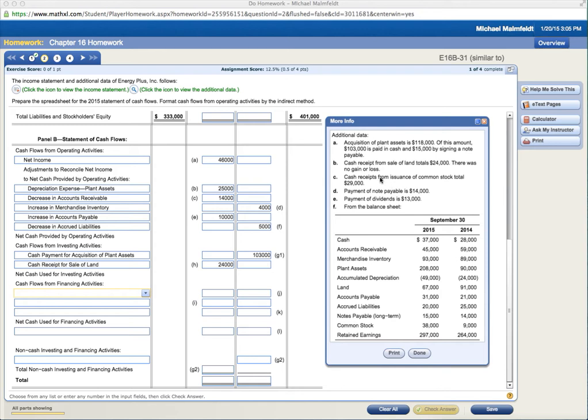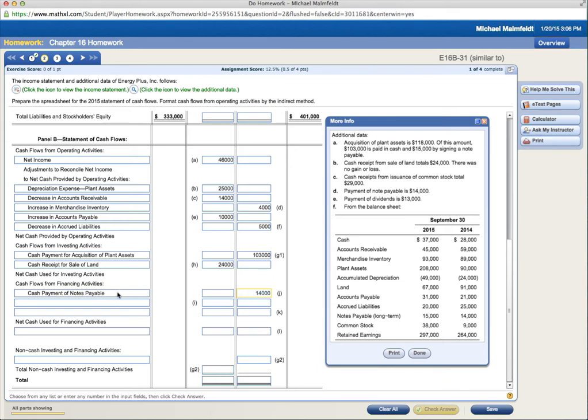However, if we scroll further down into the transactions that occur, we see a payment of note payable in the amount of $14,000. This one definitely affects cash because we paid with cash, so our cash is affected with a credit of that amount, $14,000, because we paid cash for this note payable, okay?